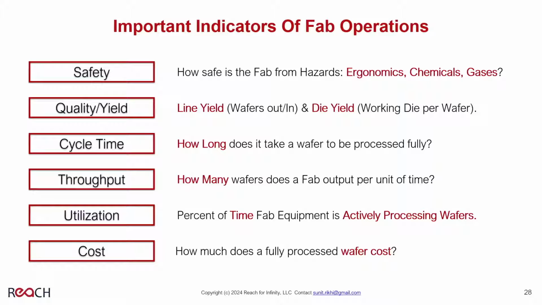Then, of course, there's equipment utilization. Equipment is a terrible thing to idle. Every minute that it's in maintenance, every minute that it's down, is very expensive. So utilization is very important. And then cost. How much does a fully processed wafer cost? Now, there are two types of costs.